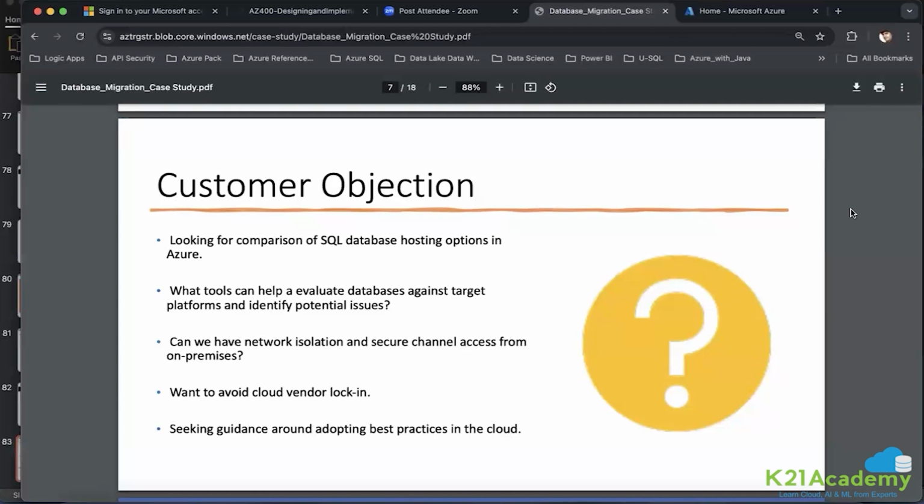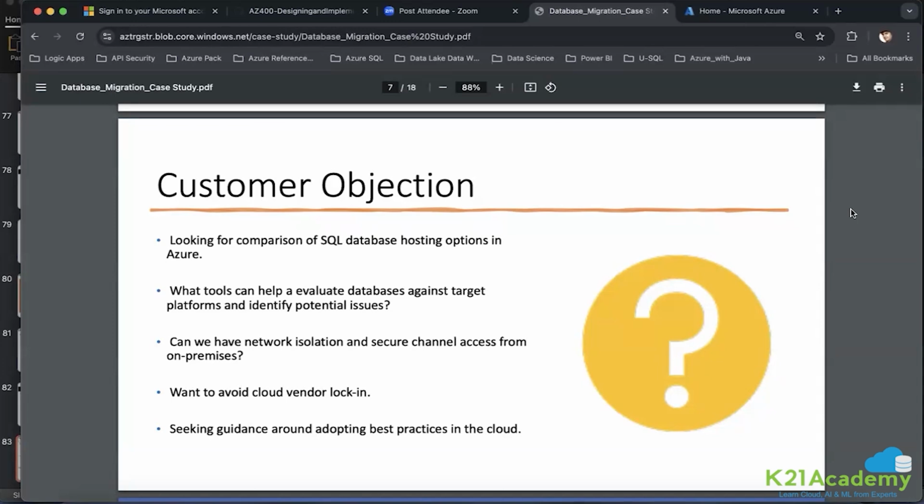What tools can help evaluate the database against the target platform and identify potential issues? Can we have network isolation and secure channel access from on-premise? Many enterprises expect this when they have certain line of business applications on an on-premise setup, where the database may remain on-prem but they want the application to be up and running somewhere in the cloud.